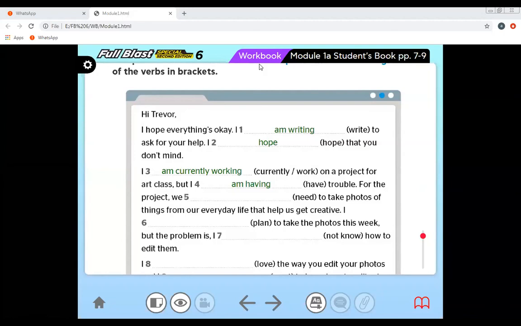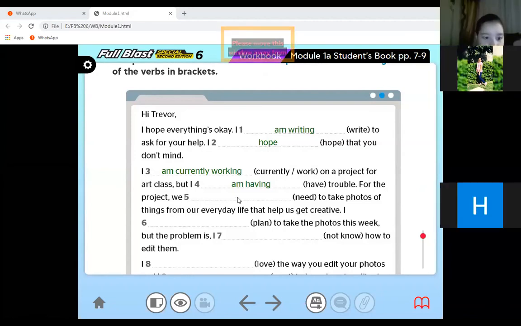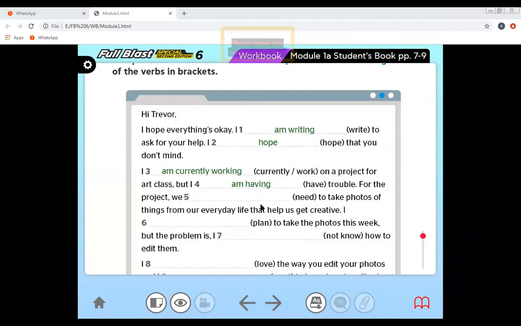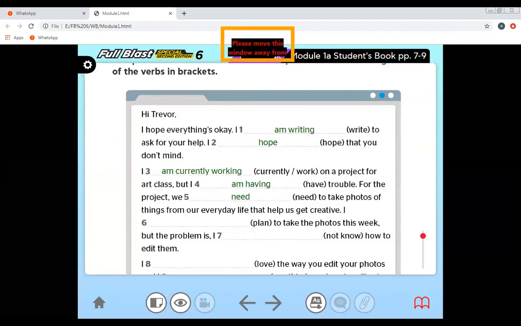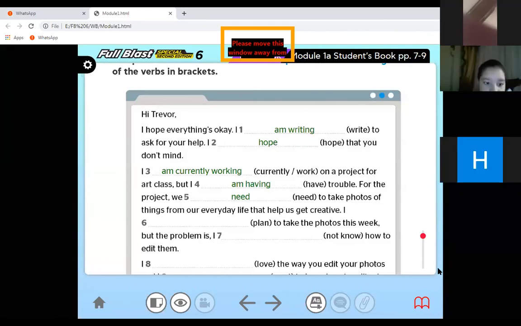What's your answer? We need or are needing? We are needing? No, it's a stative verb. It cannot come in continuous form. We need, excellent. We need to take photos of things from our everyday life that help us get creative. Thank you. I plan to take the photos this week. This week, it's an action.